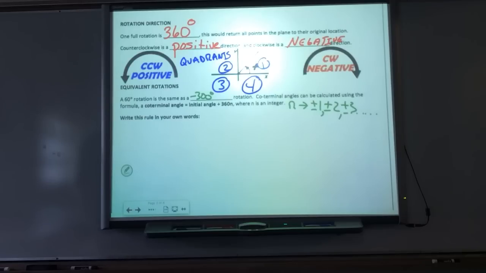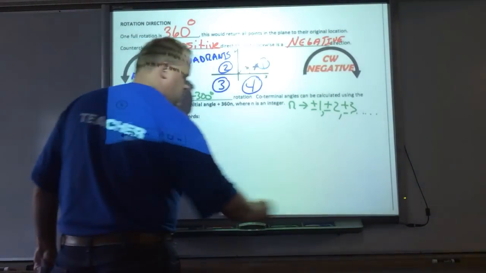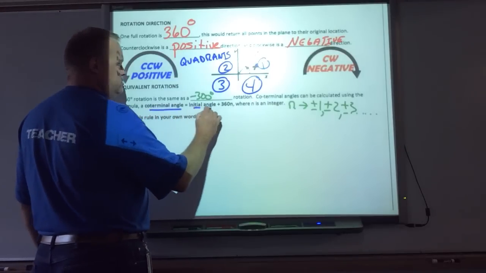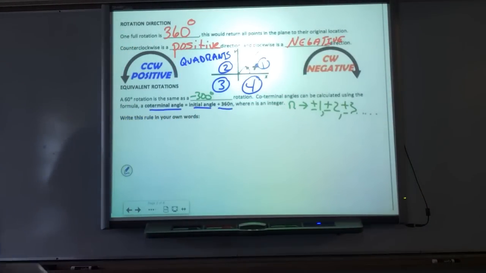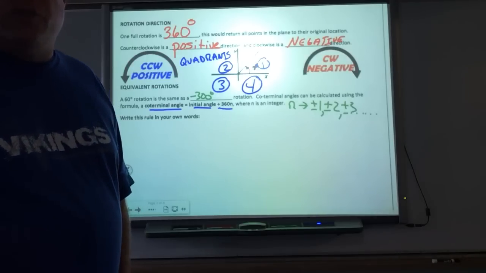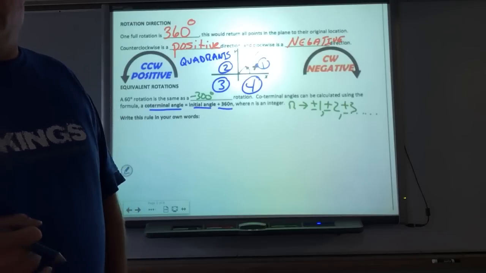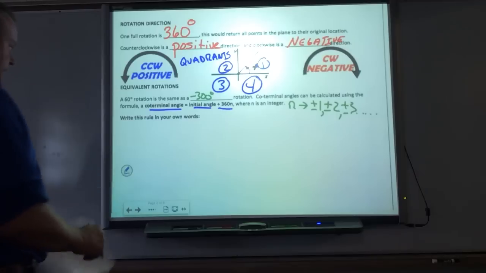So I want you to think about what this formula is. Coterminal angle equals initial angle plus 360n. How would I say that in your own words? You can pause the video right now and try to write it and see if you write the same thing I do.